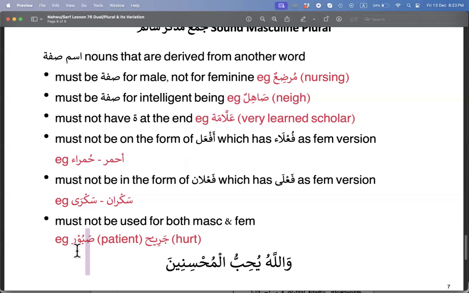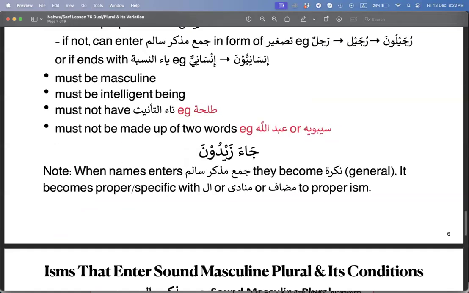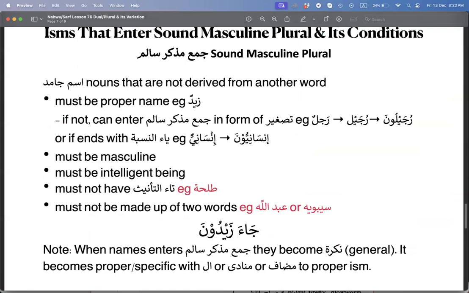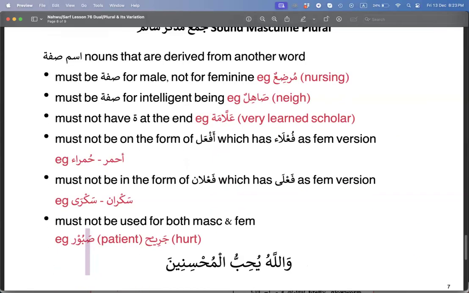These are actually, you can say, the mubalaghah pattern. You don't have una there. Basically, other than these, you can become una. So if words do not fit into this, that's when you get your mulhaq jamak muzakkar salim, basically. You understand?